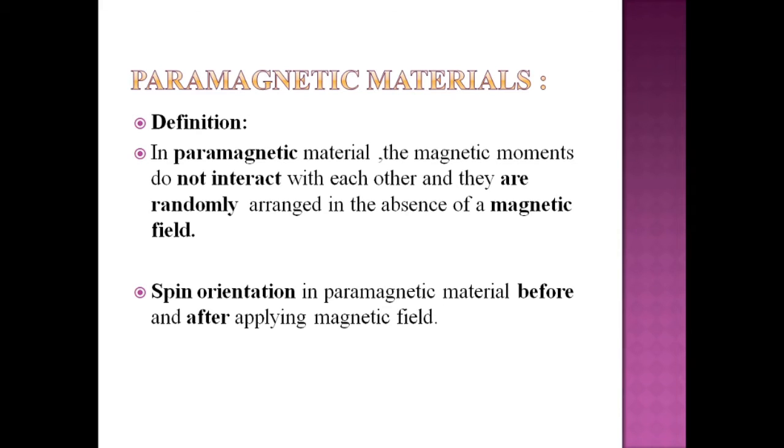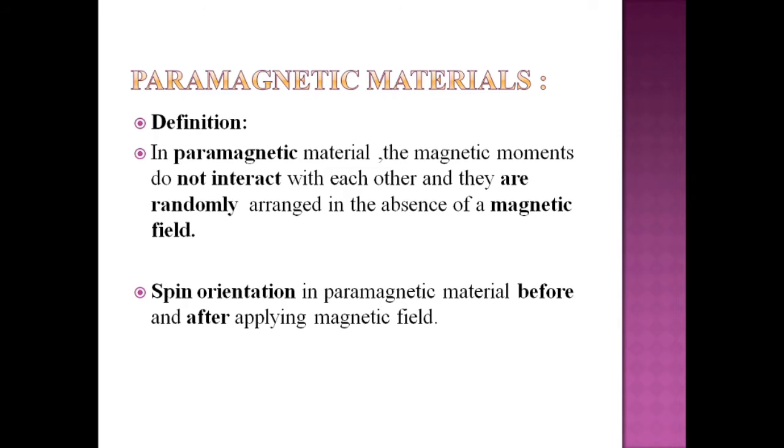So what are paramagnetic materials? Definition: in paramagnetic materials, the magnetic moments do not interact with each other and they are randomly arranged in absence of magnetic field.